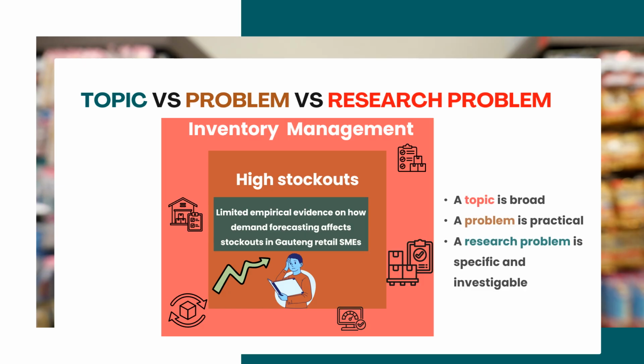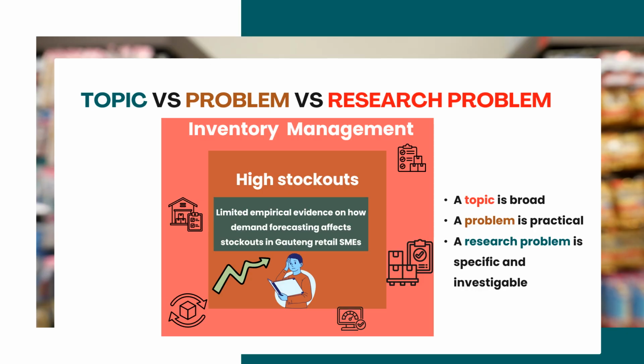The key thing is: a topic is broad, a problem is practical, a research problem is specific. So whenever you start, keep in mind that we are building from the general to the specific, moving from the bigger part into the narrower part.